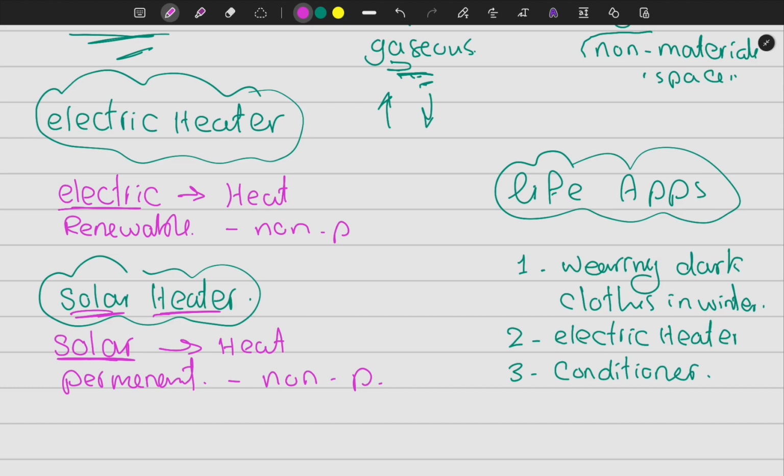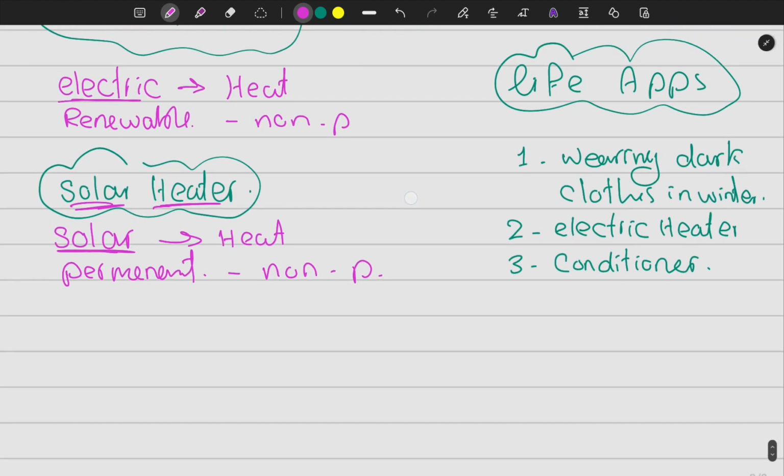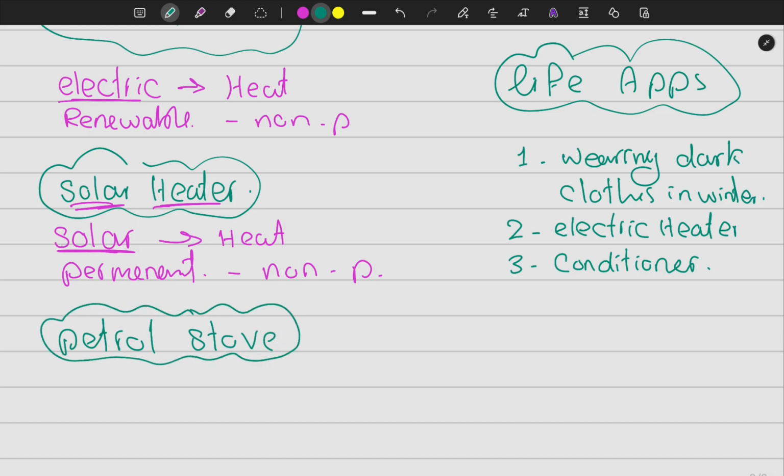Number 3, gas or petrol stove. I mean furnace. Okay, what about the gas or petrol furnace? It of course uses petroleum derivatives, and it converts them into heat energy.